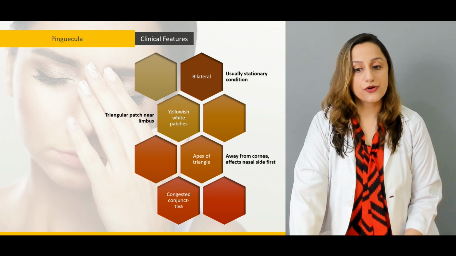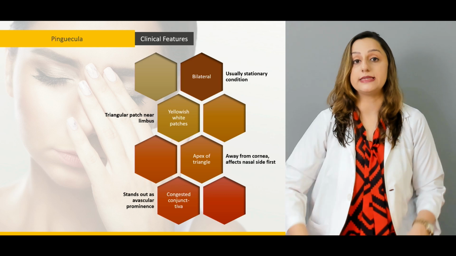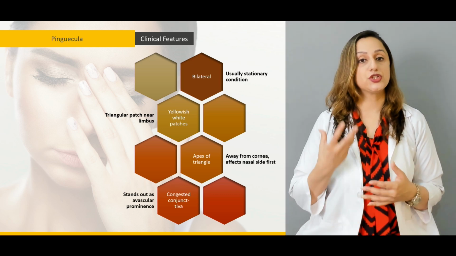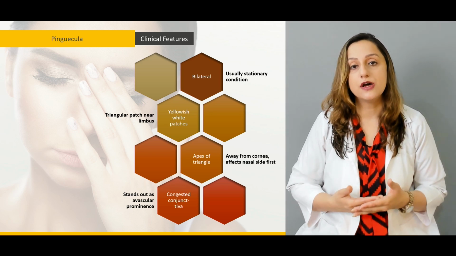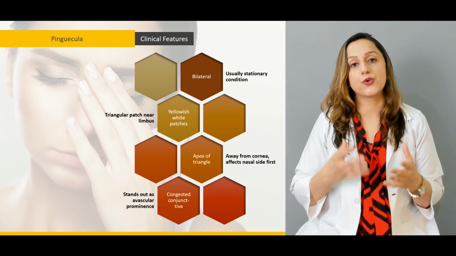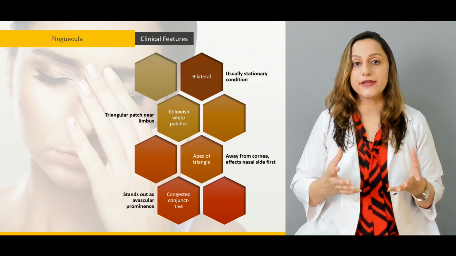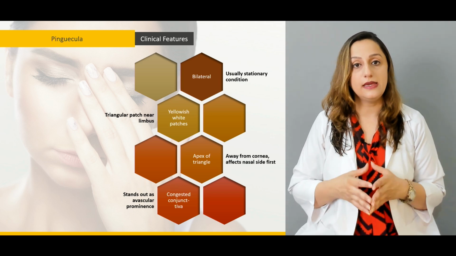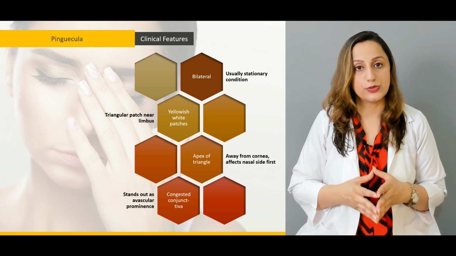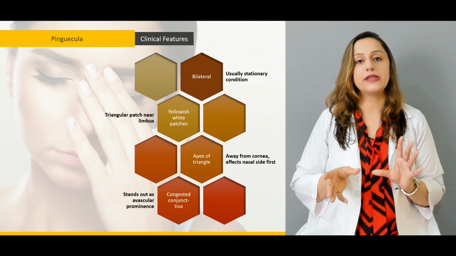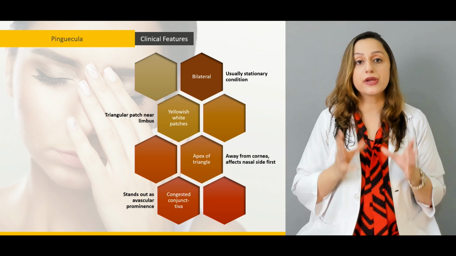Then we usually come across a congested conjunctiva. Why is that so? It's because of the foreign body sensation that the patient would particularly complain of, in his or her own eyes. So that is basically going to relate to the irritative conditions that arise in the conjunctiva. It stands out as an avascular prominence usually. Whenever we have these degenerative conditions, we have basically two major kinds.